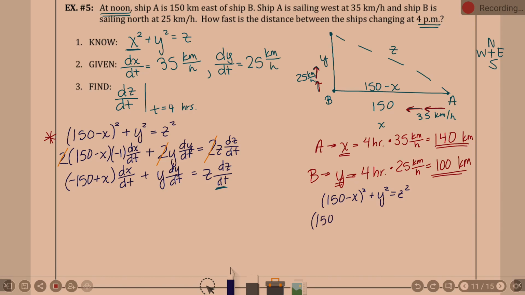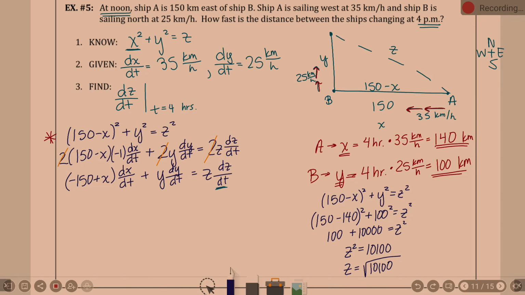So 150 minus 140 quantity squared plus 100 squared equals z squared. 150 minus 140 is 10. 10 squared is 100 plus 100 squared is 10,000. I know z squared is going to be 10,100. I got z as the square root of 10,100.